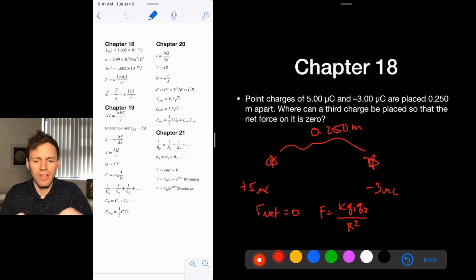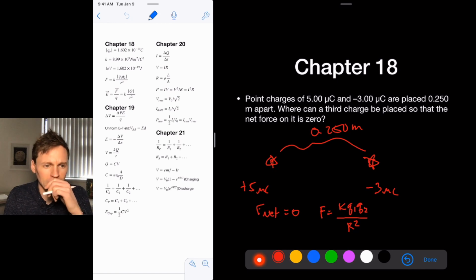on it. Let me take a look at this question. This is from chapter 18. I feel like I'm missing some information here. Chapter 18. Okay, so this is Coulomb's law.